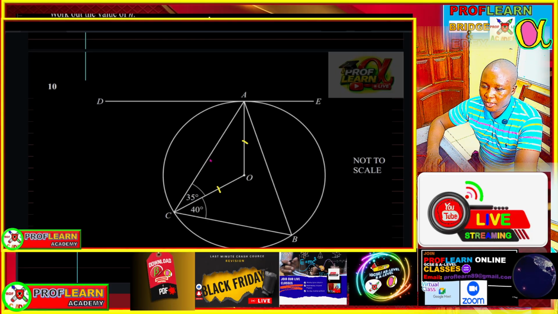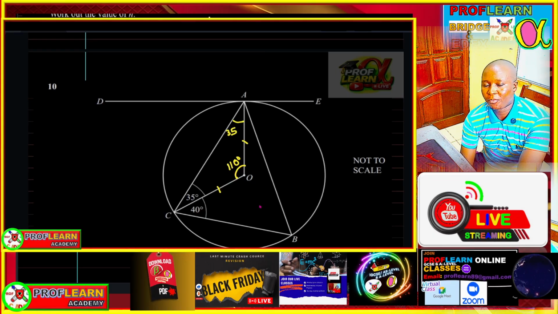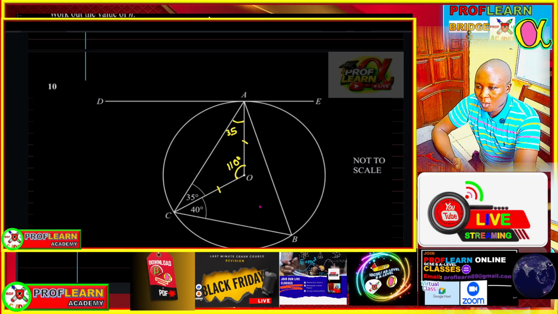If CO and AO are equal, then it means that the base angles are equal. So this is also 35 degrees. Once we have identified that, we can use angles in a triangle add up to 180. So this is going to be 110, because 35 plus 35 gives us 70, and 180 minus 70 is going to give us 110.